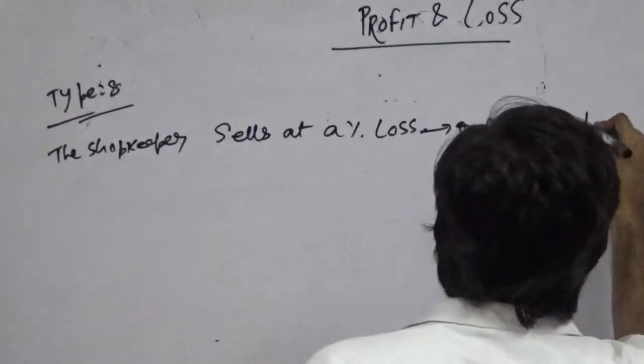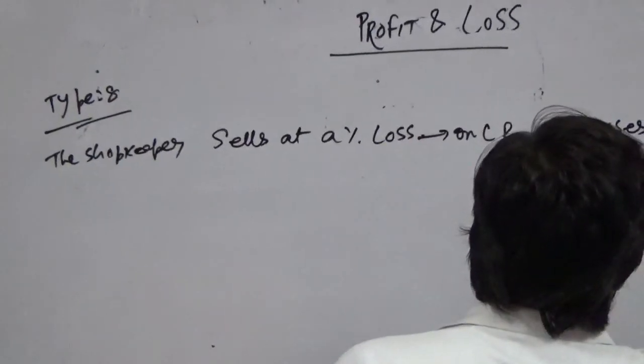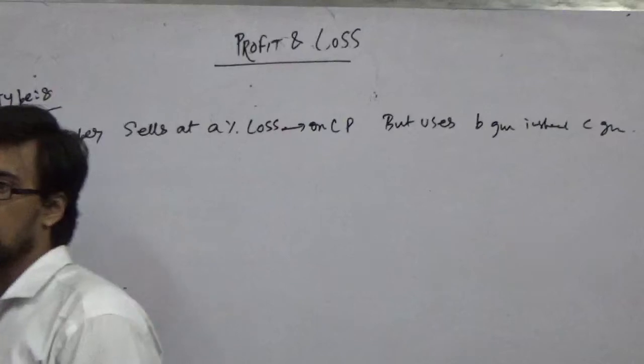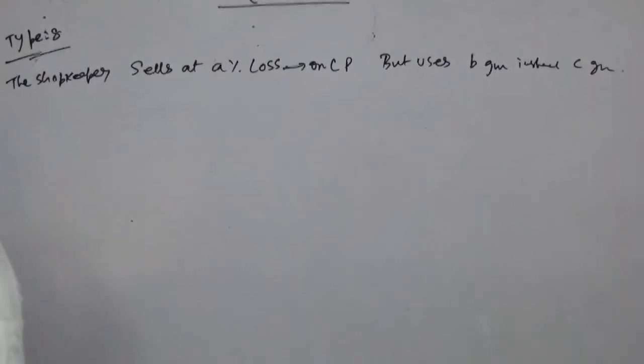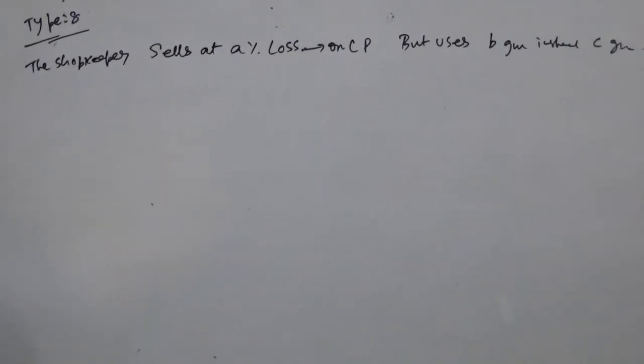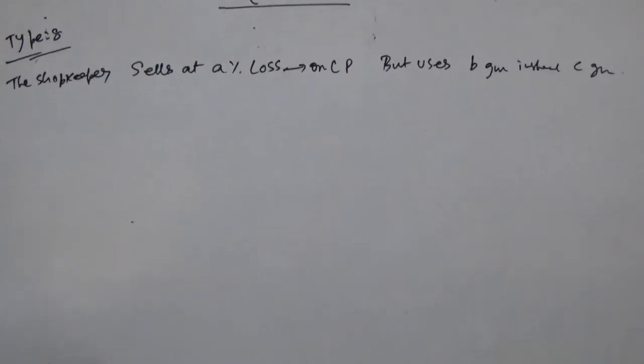Obviously B should be less than C. In order to make a profit, you have to give relatively less weight and show the buyer that you are giving more.